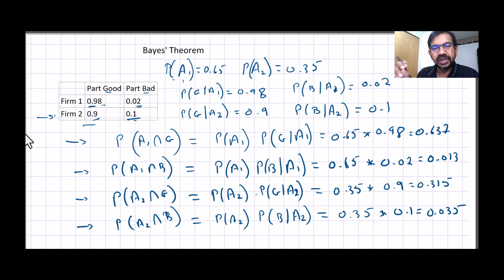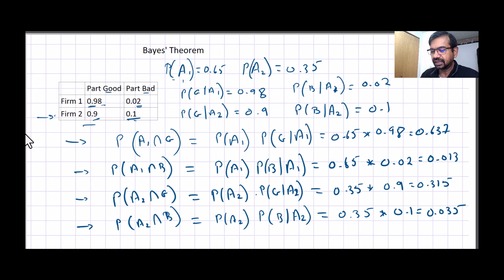So somehow if we got a part which is bad, the probability of getting it from firm 2 should be a little higher than given that the part is bad and the part came from firm 1. Intuitively, we know that makes sense, but the Bayes theorem will help us find these exact probabilities.